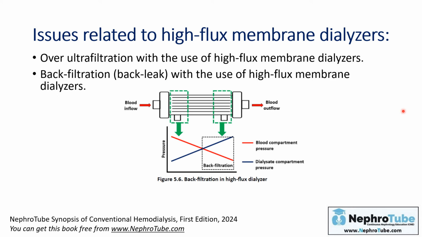Because if you use dialysate with higher levels of colony forming units and endotoxin units, this will increase the possibility of inflammation and immune reaction in the body of the patient. So it is highly advisable to use ultrapure dialysate if you use high flux membrane because of the possibility of back leak or back filtration.